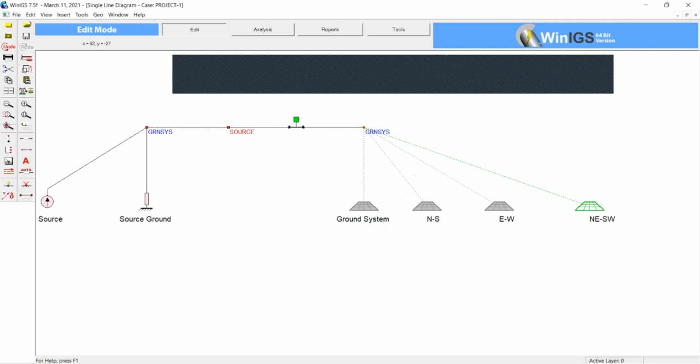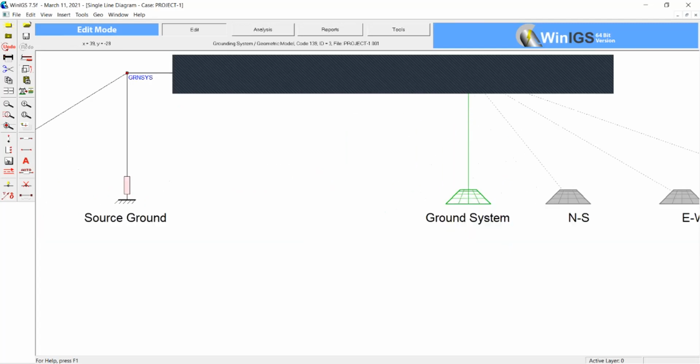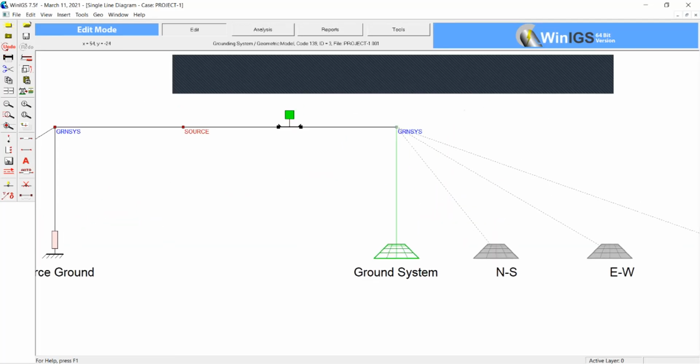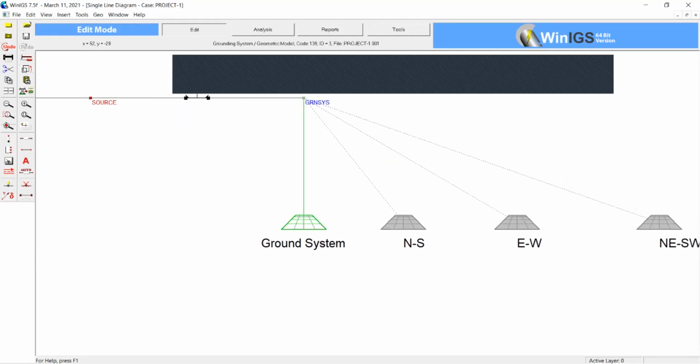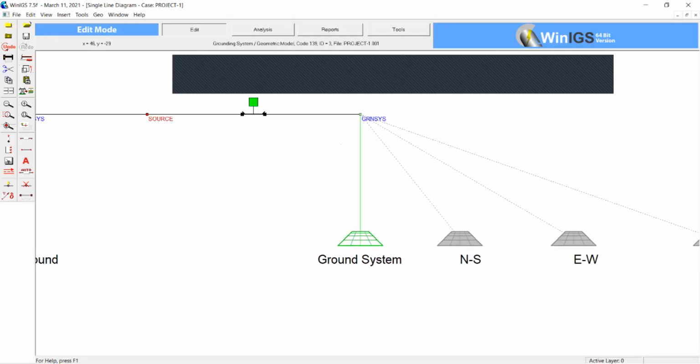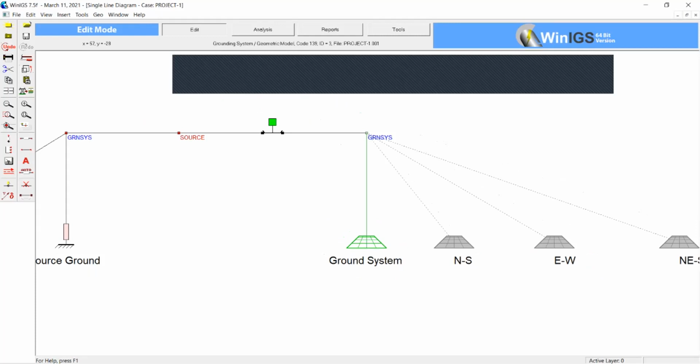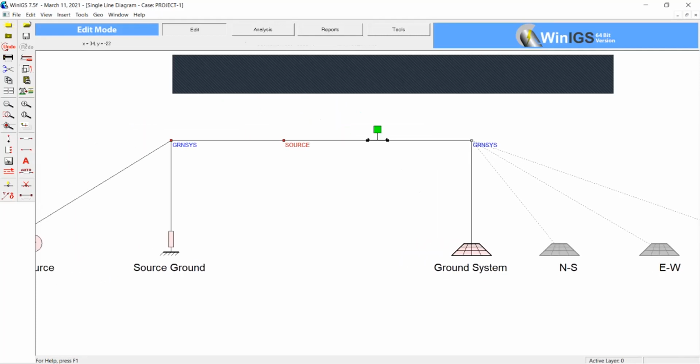Don't delete them because maybe you will need them later on, but for now deactivate them, and activate this ground system, which is the initial system you created. See the dotted line? You should have this dotted line and this ash color ground grid, but this green one is the active one now.